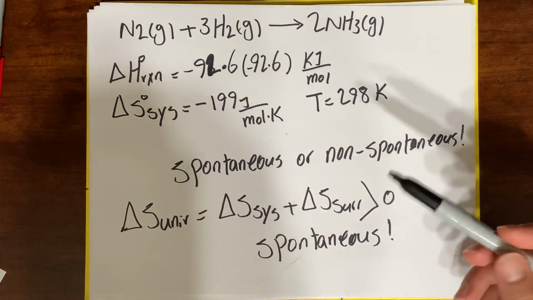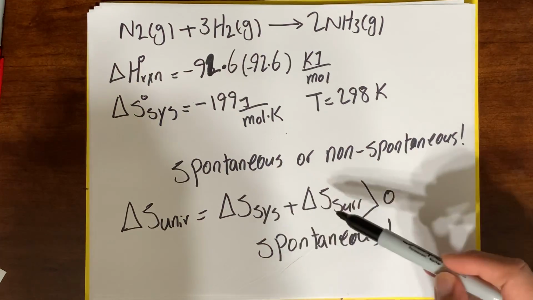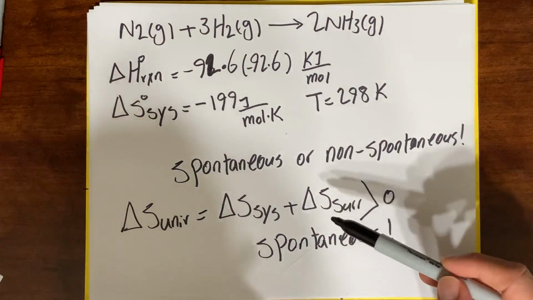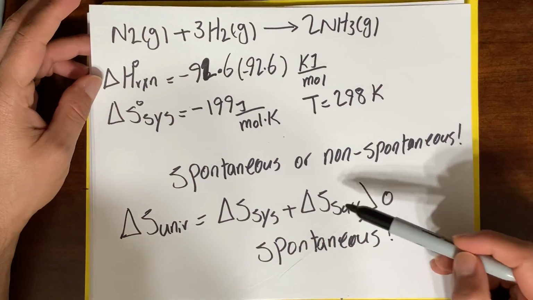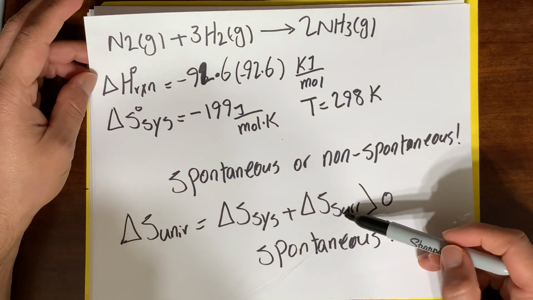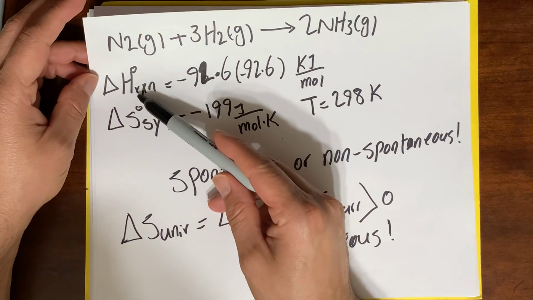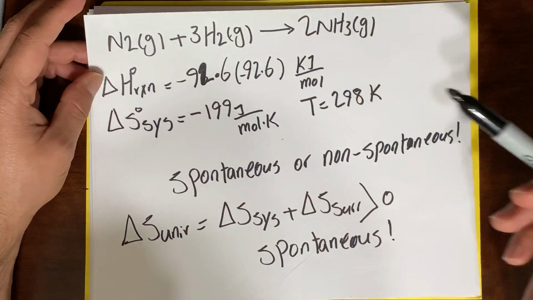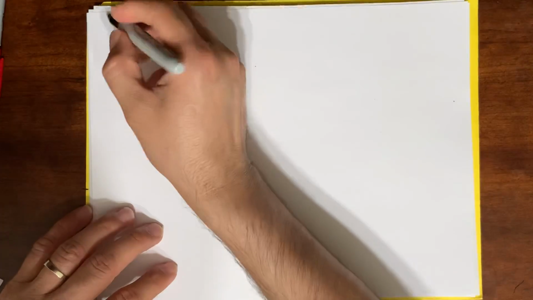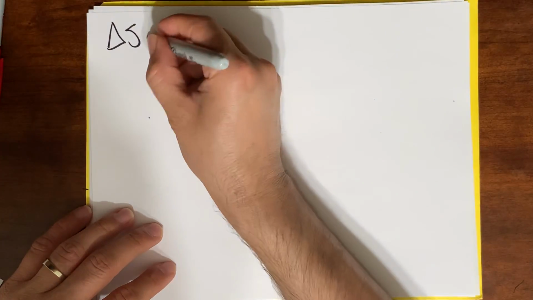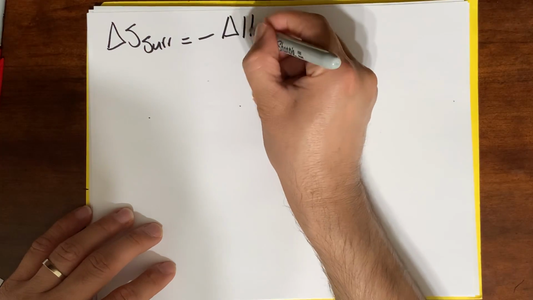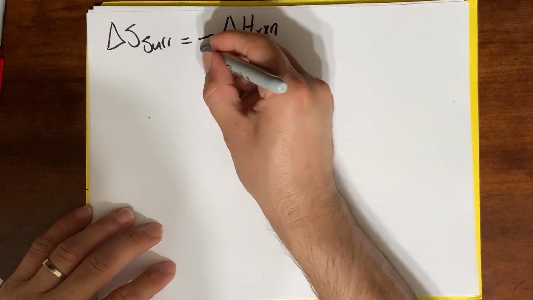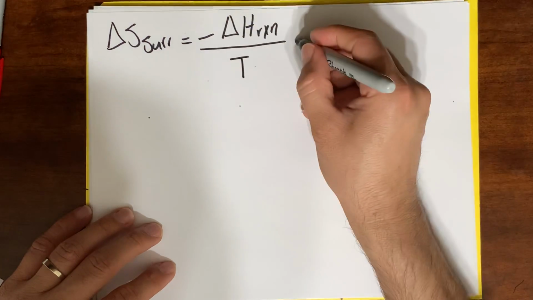We do have delta S of the system, but we don't have delta S of outside. So now let's find delta S of outside. Delta S of outside is equal to minus delta Q of the reaction divided by temperature, so it is minus delta H of the reaction divided by temperature.